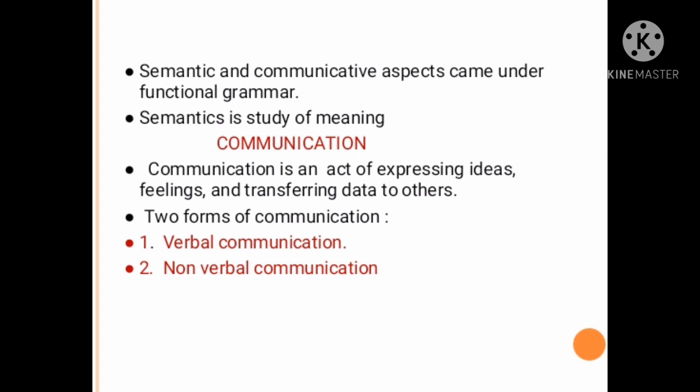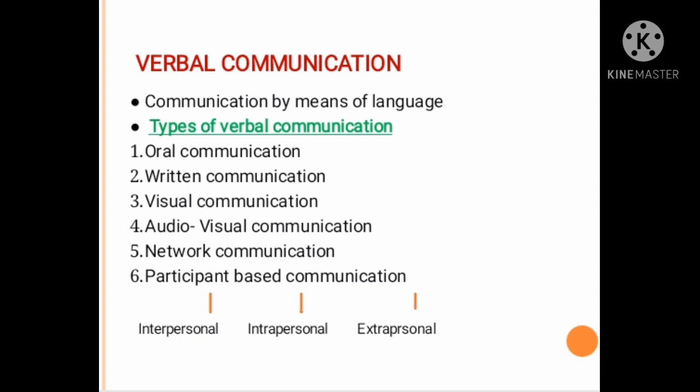So what is semantics? Semantics is the study of meaning. Then communication. Communication is an act of expressing ideas, feelings, and transferring data to others. There are two forms of communication, verbal communication and non-verbal communication. Verbal communication means communicating by using words.